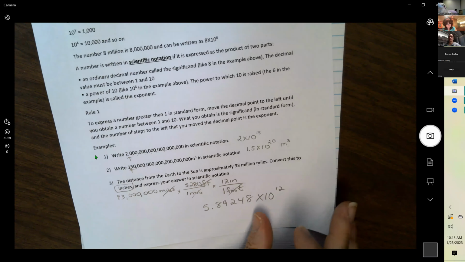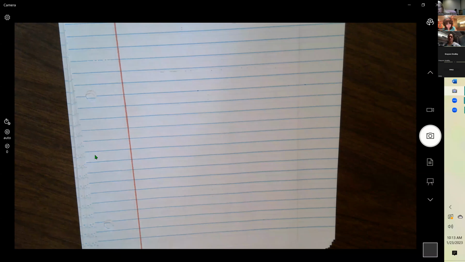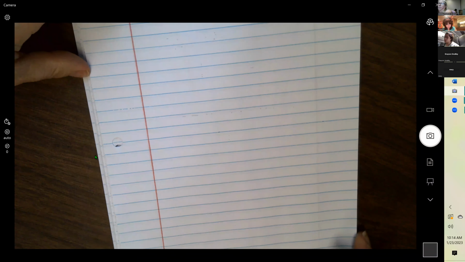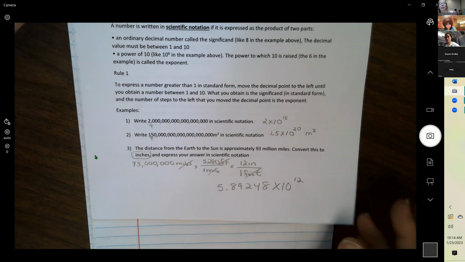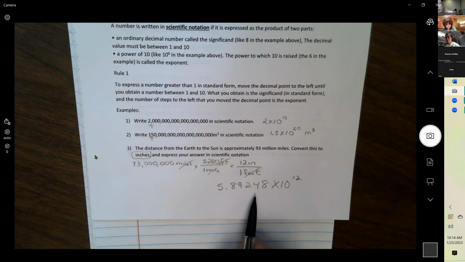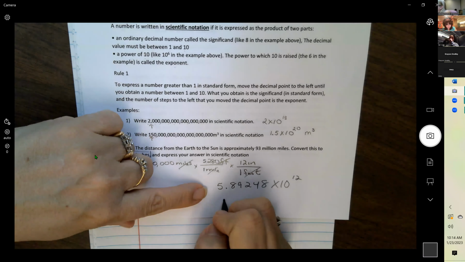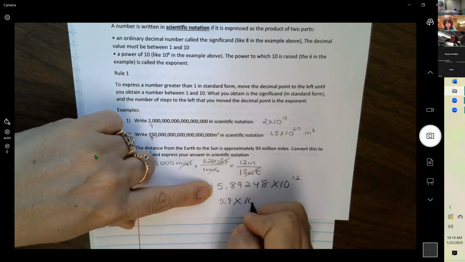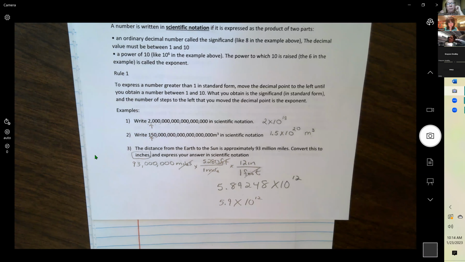I'm kind of torn. I'm not sure yet. That's in the next section or the fourth. It's either in the third or fourth section of this chapter. So I'm not sure. I think I'll have a little bit of significant digits, but for this problem, if I was going to have you reduce, I would probably say round the scientific notation to the 10th. So then it would be 5.9 times 10 to the 12th. So I would probably do more rounding.